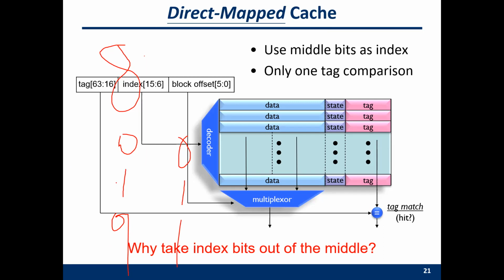So although we have a faster lookup operation for the direct mapped cache, we will have some conflicts in the direct mapped cache. This is the trade-off.